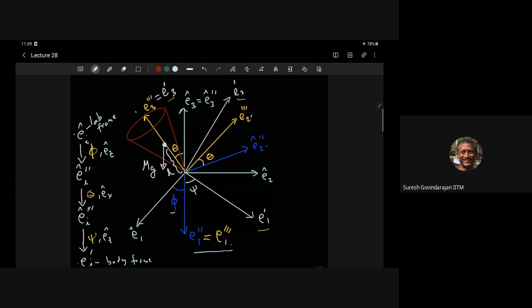What I have in mind is that this cone is such that the center of mass is located at a height h from the tip. That's all. Is this clear? So mg is a force acting there.